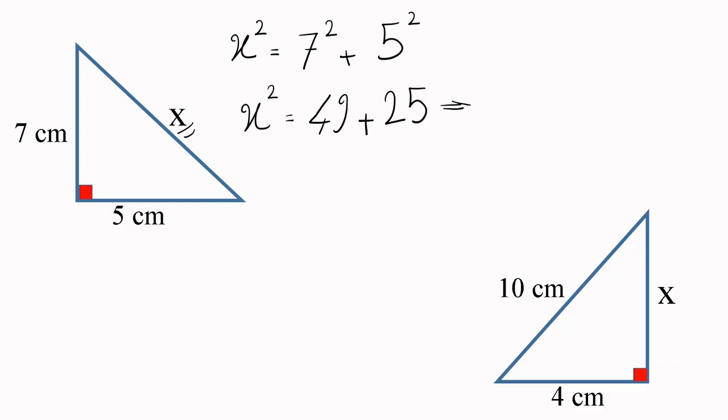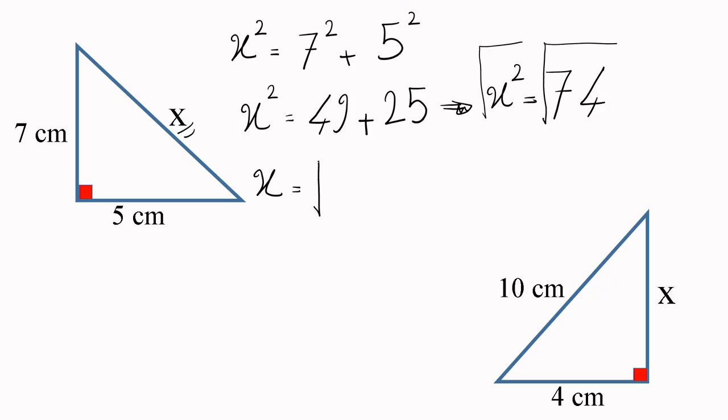If I add these numbers, what am I going to have? I'm gonna have 74. So I'm gonna take a square root from both sides, and you can easily realize x would be equal to radical 74, or a square root of 74.